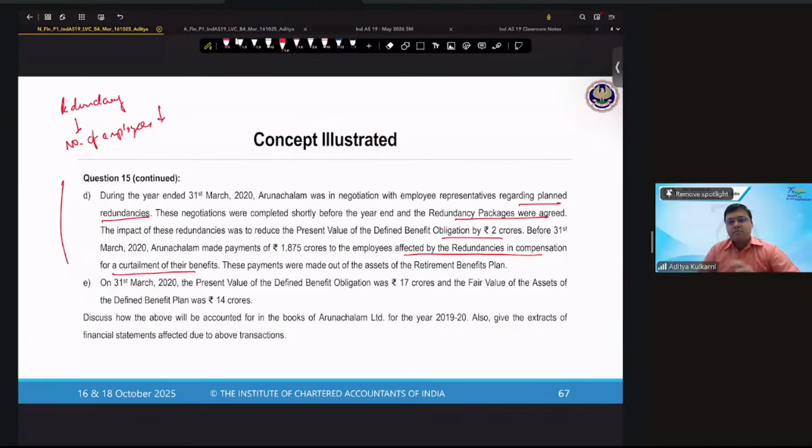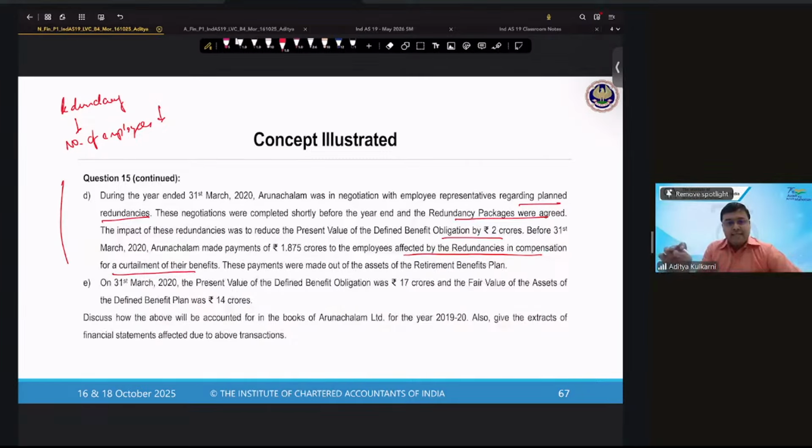If I'm laying off some employees, it means the number of beneficiaries of this plan will reduce. Yes or no? Yes, sir.